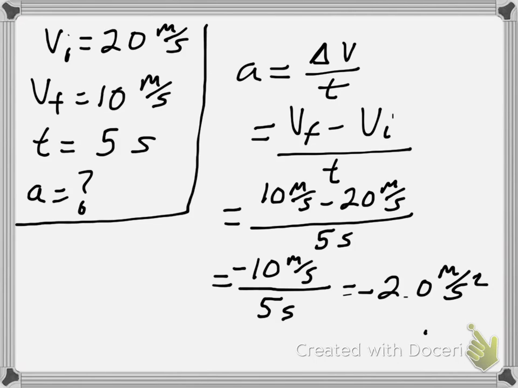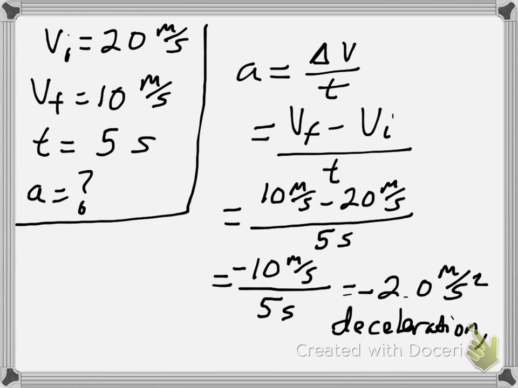Okay? And the negative sign here indicates the object is decelerating, or it's accelerating in the opposite direction of whatever we've defined to be positive. Now, we haven't really touched on coordinate systems yet, but we definitely will next chapter.